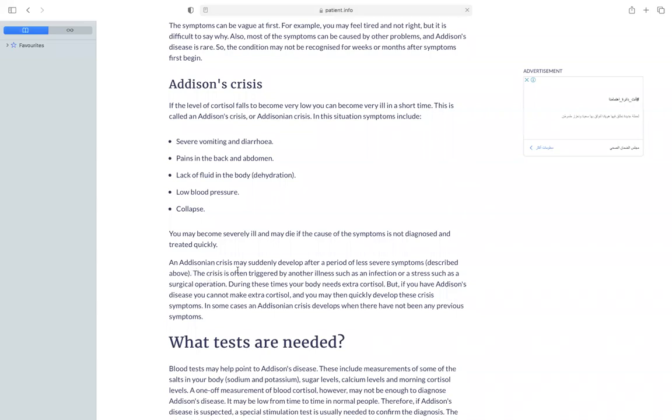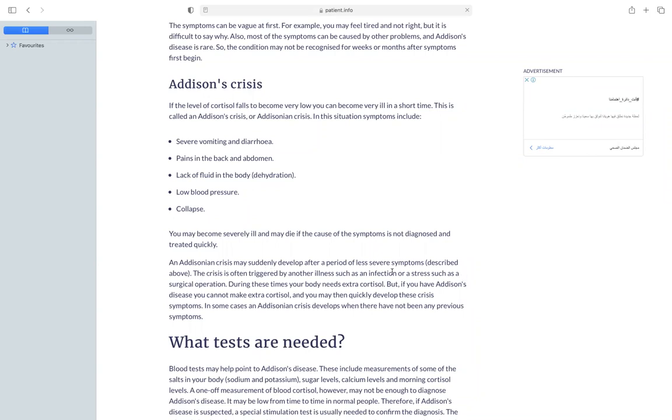An Addisonian crisis may suddenly develop after a period of less severe symptoms described above. So, over a period of 3 months, our patient had symptoms, but they were less severe. But suddenly, with vomiting and diarrhea, she had severe symptoms of crisis.